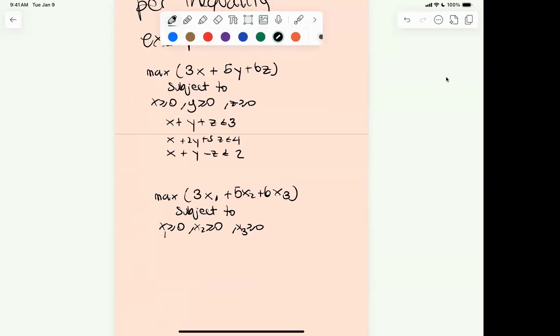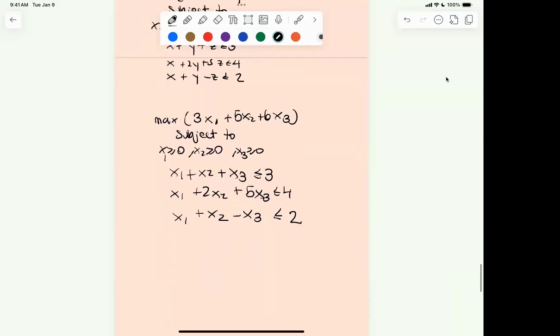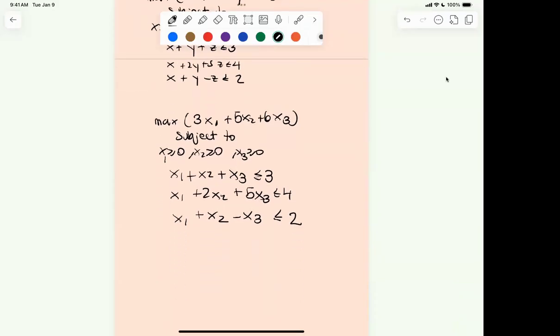This will become x1 plus x2 plus x3 less or equal to 3. And this is x1 plus 2x2 plus 5x3 less or equal to 4. And this will become x1 plus x2 minus x3 less or equal to 2. So that is the first conversion, to have decent notation for the original variables themselves.